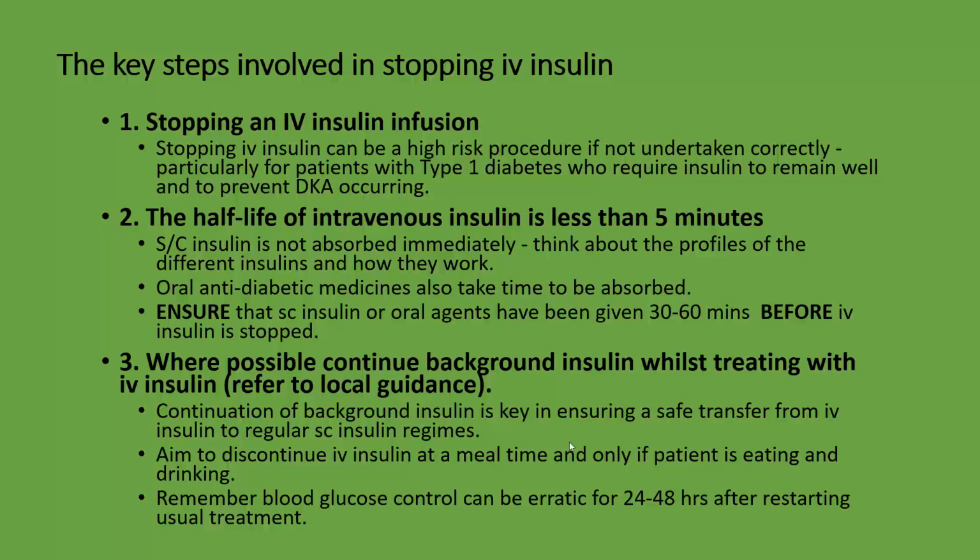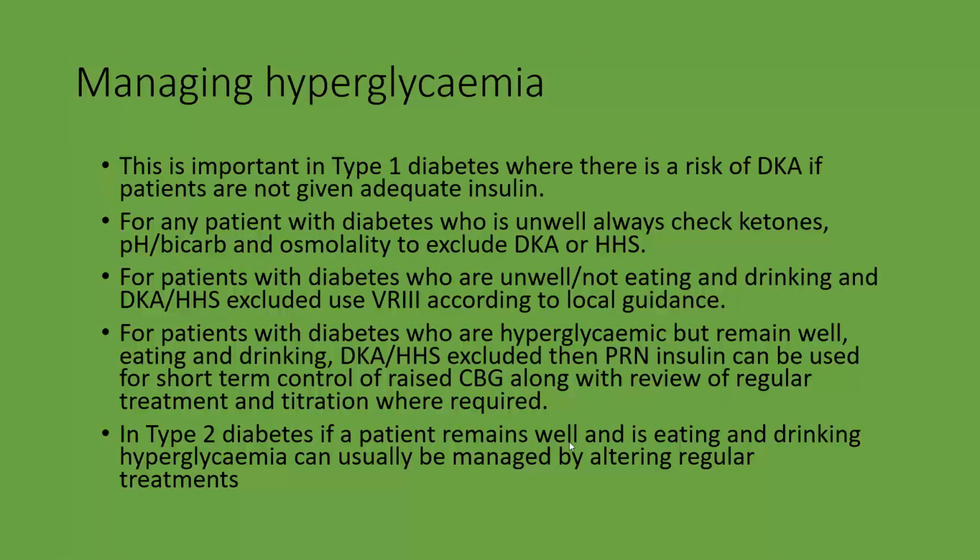So managing hyperglycemia is important in type 1, where there is a risk of DKA if you don't properly treat hyperglycemia. So for a patient with diabetes who is unwell, you should always check ketones, pH and bicarbonate. So do a ketone and do a VBG.